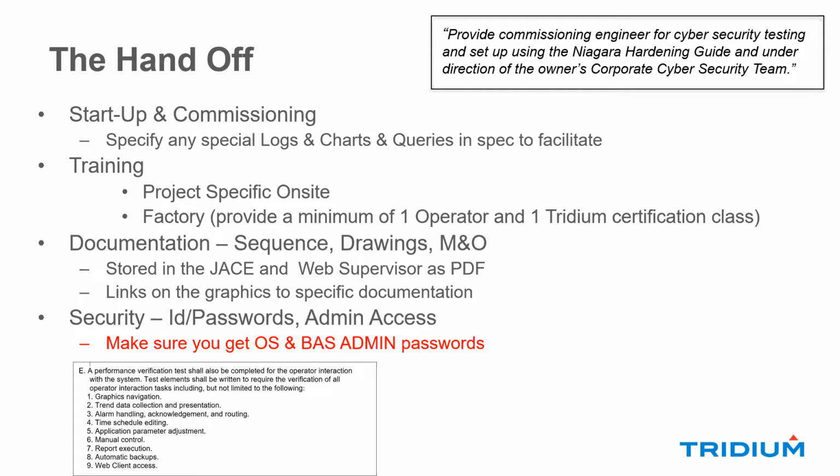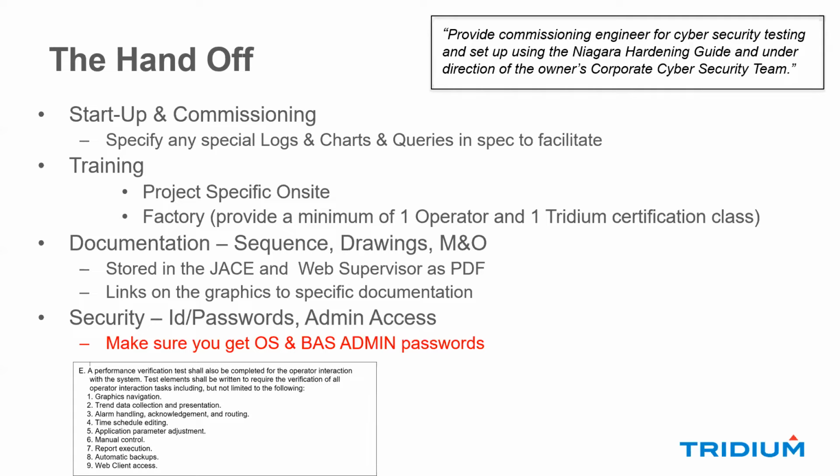So also the documentation that we hand over. We're used to handing over electronic information on the sequence, the drawings, and the maintenance and operation. But frankly, those documents at the end of the job should be stored somewhere in the system, either in the web supervisor or even in the JACE. We have some very savvy owners that link the M&O to the air handling units right on the air handling unit graphic. So if they're talking about the rooftop unit M&O, they link that right in the building automation system because it's easy to lose files.